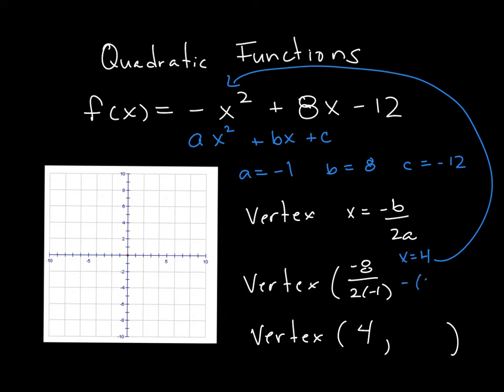That becomes -4 squared plus 8 times 4 minus 12. And all of that also equals 4. So let's go ahead and put that vertex in. That is 4, 4, which is going to be right here.